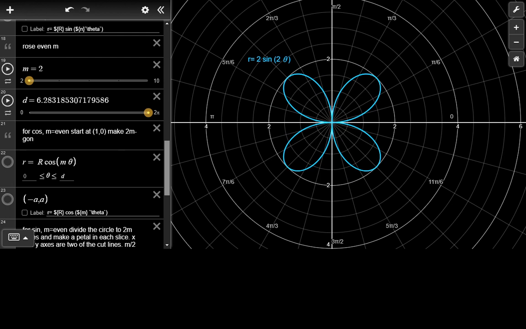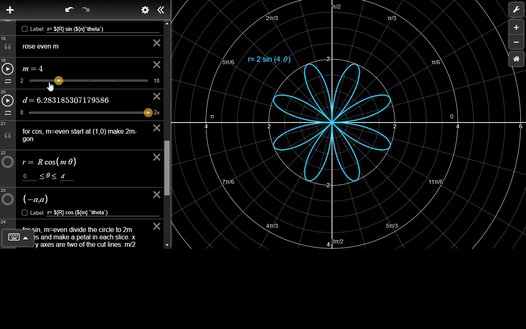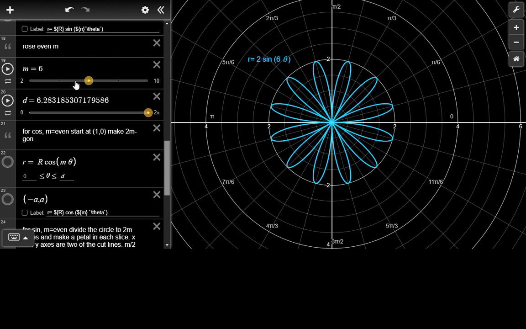We are going to have a big share of the pizza, and then one big petal in each of these. If we had m equal to 4, that's how it's going to look. We just talked about that. With 6, it's a lot more crowded. I'm going to be careful with that pizza now. You cut it on the X and Y axis.